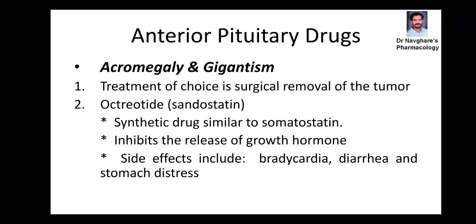Octreotide is a drug that helps in relieving these conditions. It is a synthetic drug similar to somatostatin. It inhibits release of growth hormone. Side effects are bradycardia, diarrhea, and stomach distress.